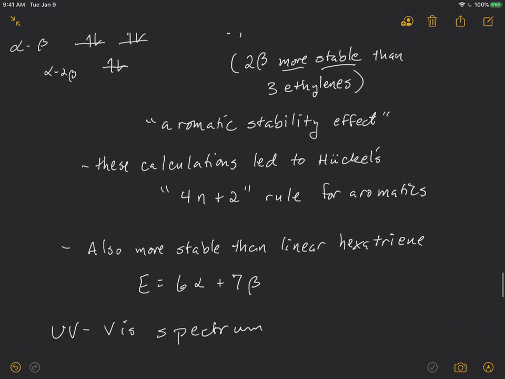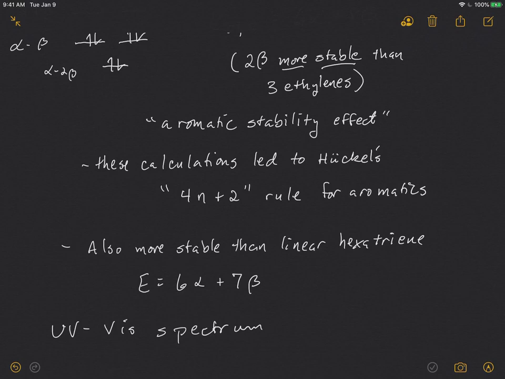Benzene is also more stable than, it's not just the fact that we have 3 double bonds, also the fact that it's cyclic that's important, because if we calculate for linear hexatriene, I'm leaving out the intermediate steps in the calculation, but the final result is E equals 6 alpha plus 7 beta, or a little under 7 beta. That's what my computer was telling me.